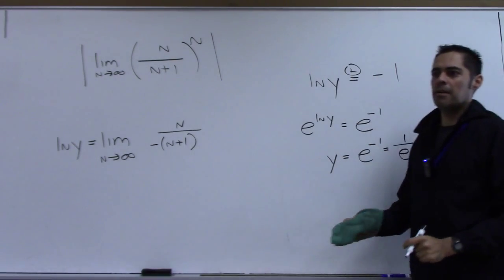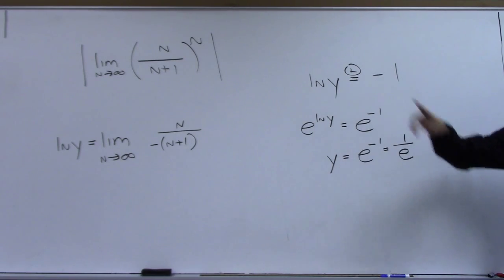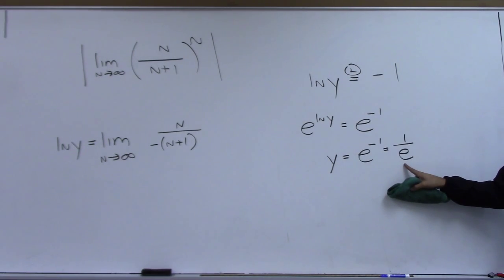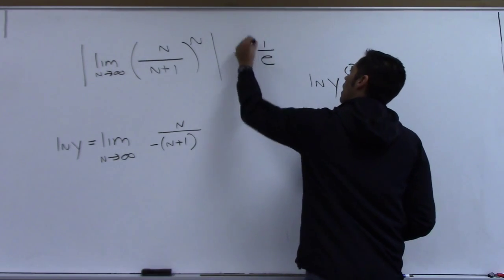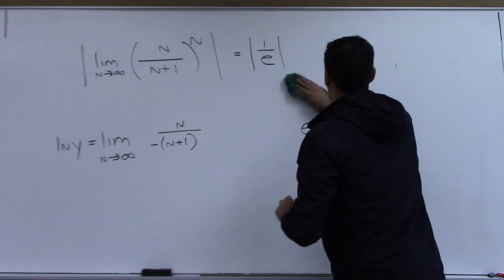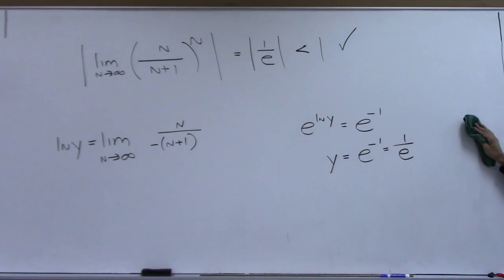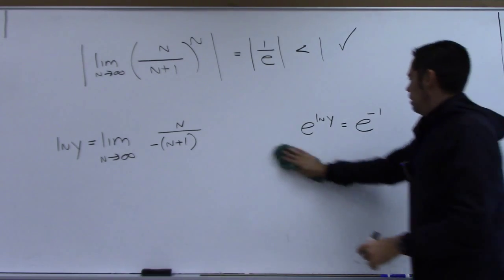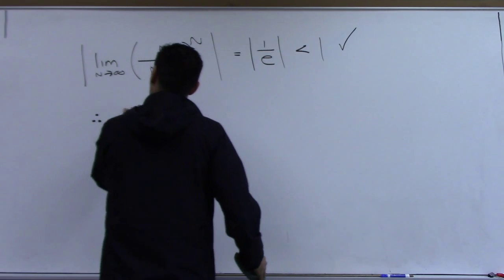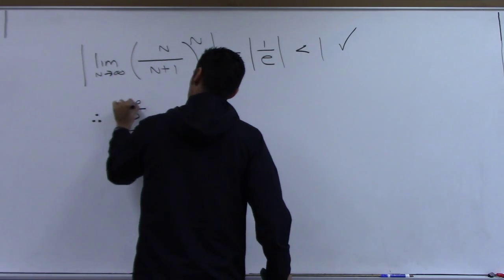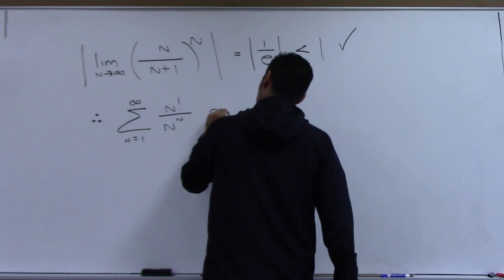That's where we were in the ratio test, and we said we're going to have to do that somewhere else. We just found out that it turns out to be 1 over e. I don't need the absolute value, but I'll keep it there. Is that less than 1? Absolutely. Therefore, the sum from n equals 1 to infinity of n factorial over n to the n converges.